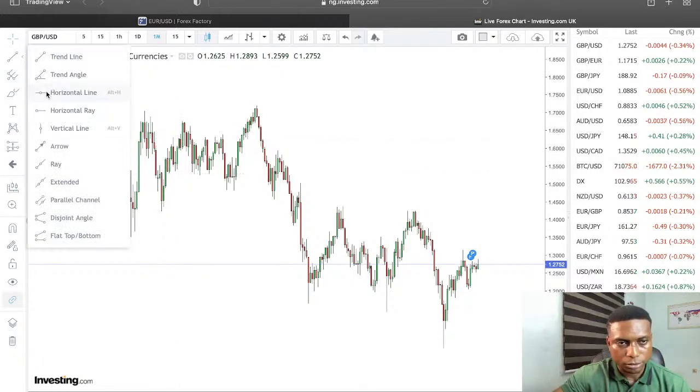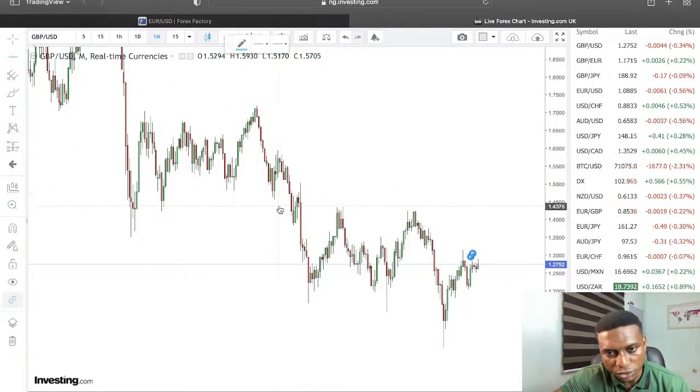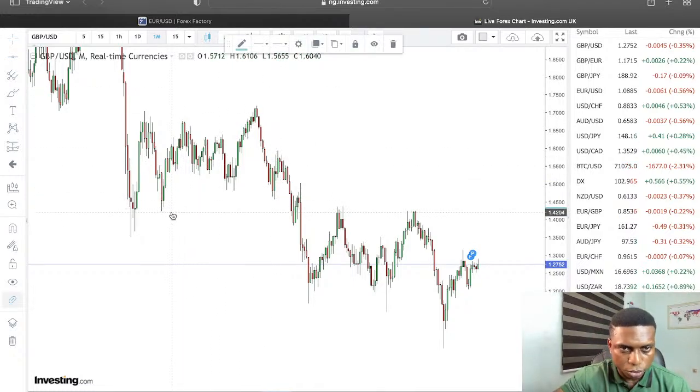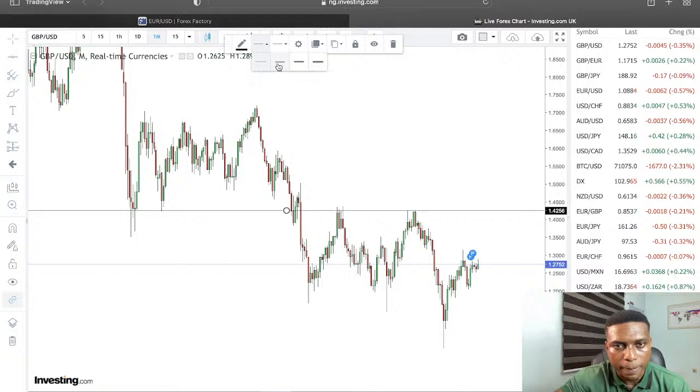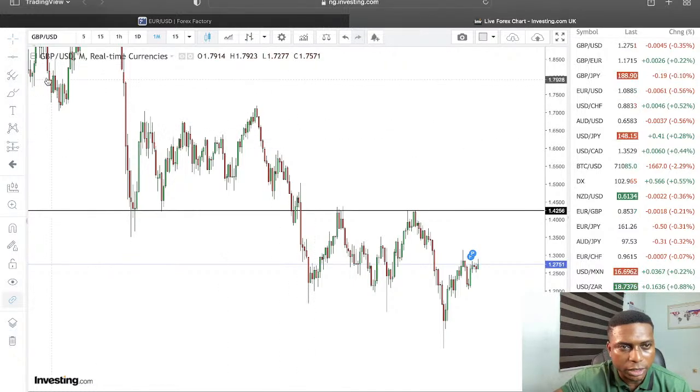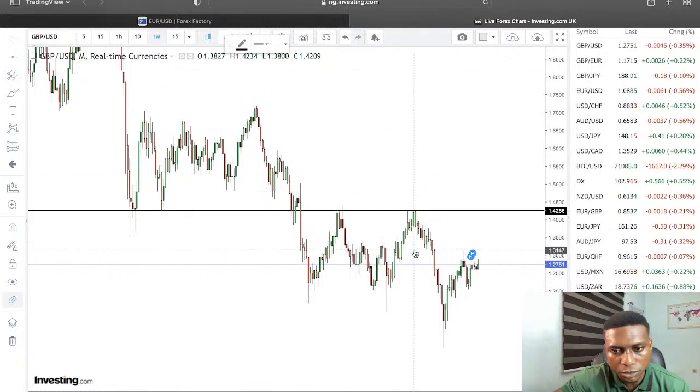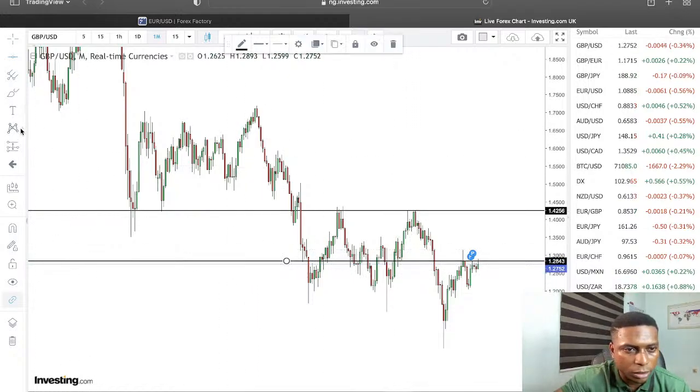So let's map out those key levels to watch.